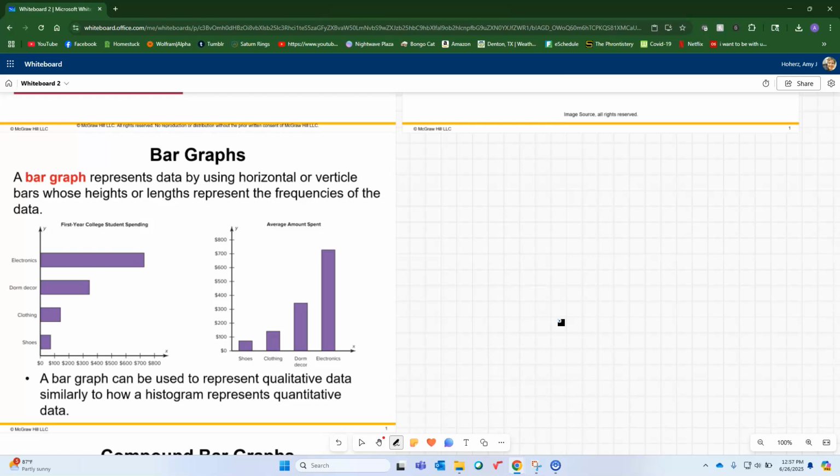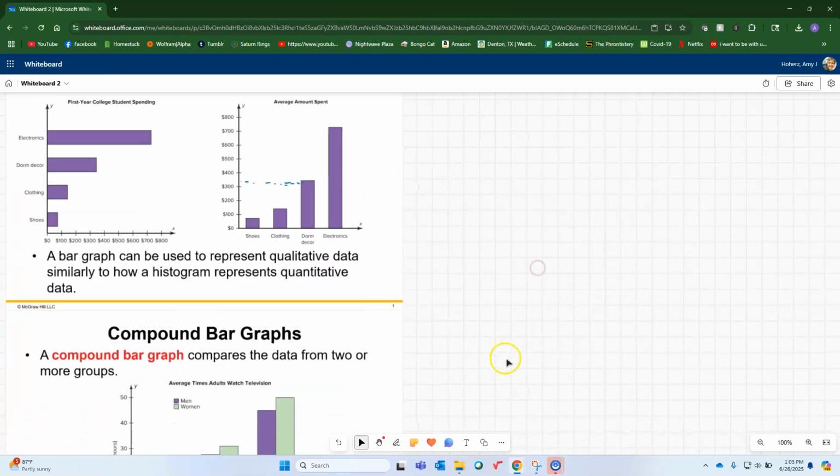In this case, they went from smallest to greatest, but you don't have to with the bar graph. And so if you were going to read this, of course, you're going to look at whatever category you're in and then go up to how high it is, and that'll tell you. So in this case, for instance, if we look at the dorm decor, it looks like the average amount spent is a little under $350, maybe about $340.